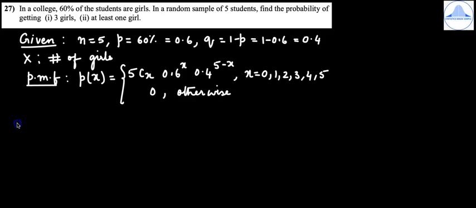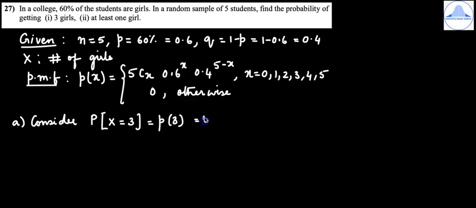Then start with the first subdivision, that is probability of getting 3 girls. So consider probability of capital X equal to 3. This is equal to P of 3, which is 5C3, 0.6 to the power 3, 0.4 to the power 5 minus 3.